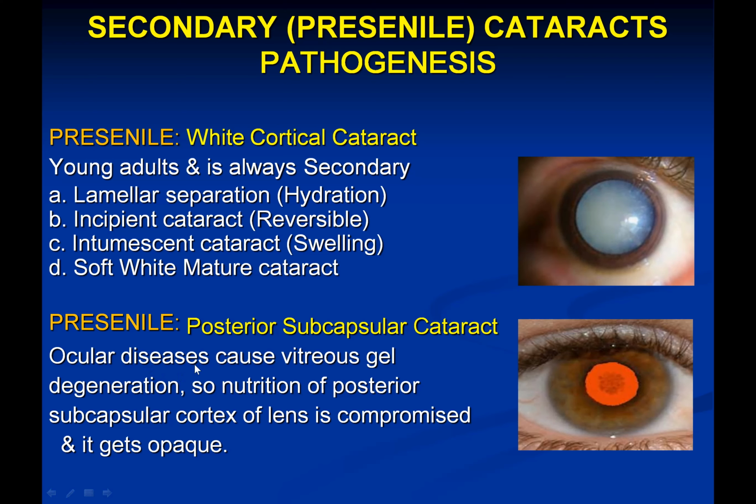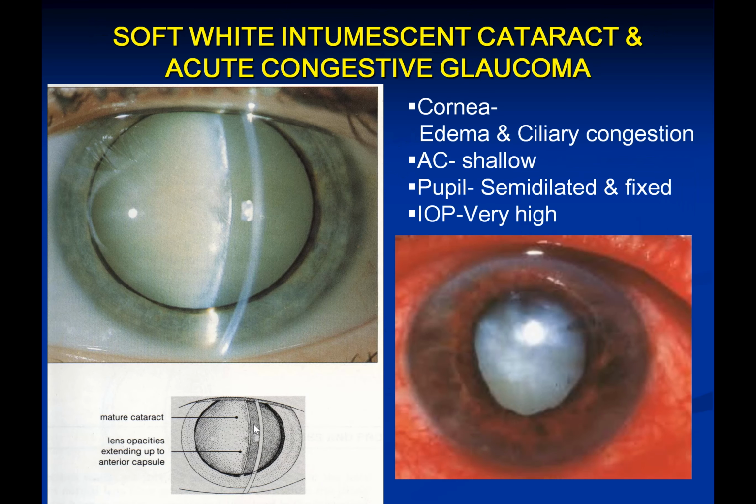All the pathologies I discussed with you, like retinal degeneration, dystrophies, chronic retinal detachment, or posterior uveitis, they cause vitreous gel degeneration, and as a result, the nutrition of the posterior portion of the lens and posterior subcapsular cortex supplied by vitreous suffers, and this compromised part of the lens turns into opaque lens matter known as posterior subcapsular cataract. That is the way there is difference in pathogenesis of these two varieties of secondary cataract.